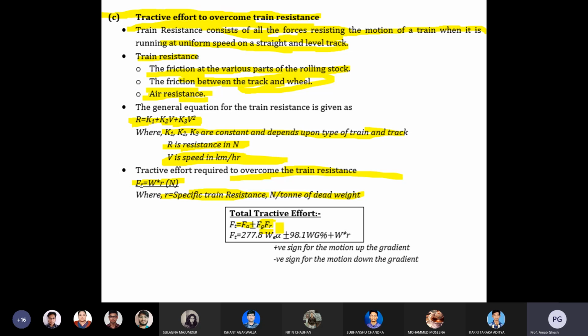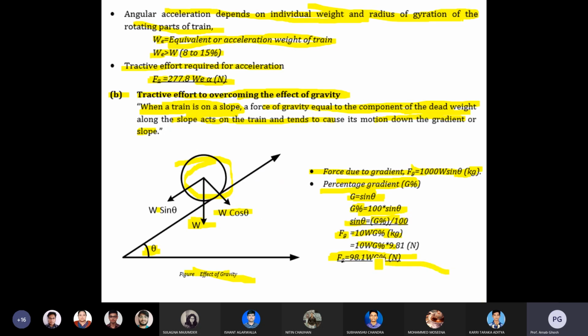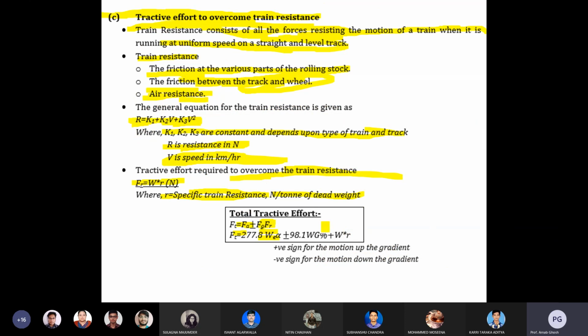You know Fa equals 277.8 W e alpha, plus or minus Fg, which is 98.1 W G percent, plus W into R to overcome the train resistance.